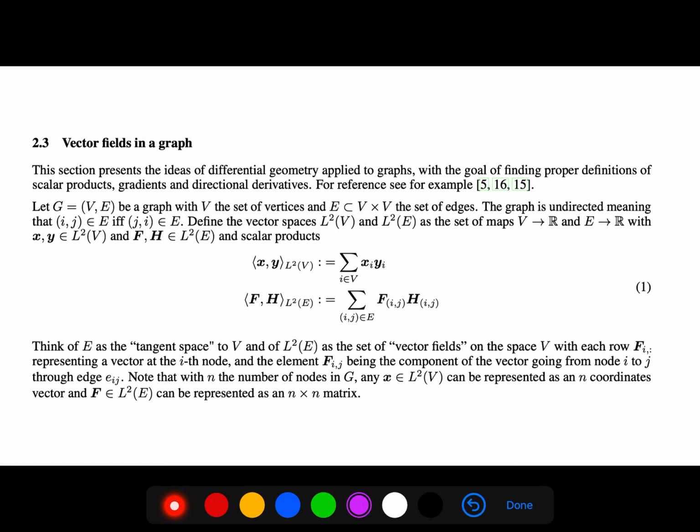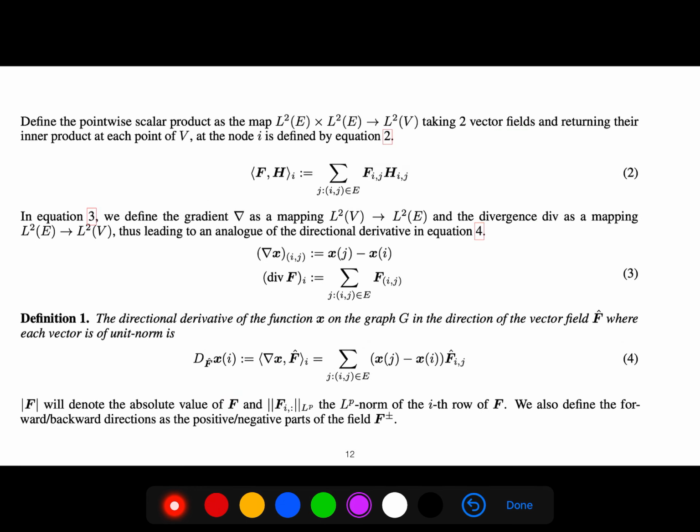So we present ideas of differential geometry, like think of E as these edges. You can think of it as a tangent space to the vertices. And then define the pointwise scalar product, taking two vector fields F and H, for example, and returning this inner product.